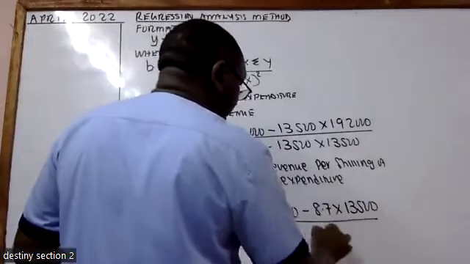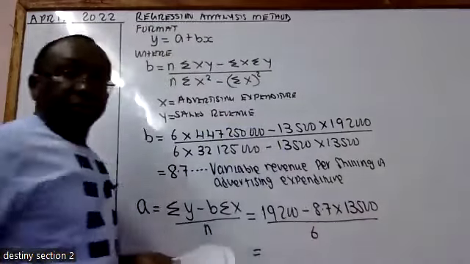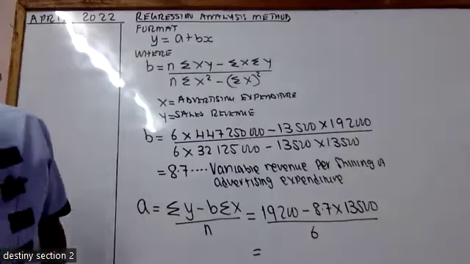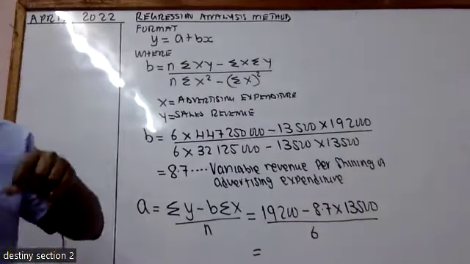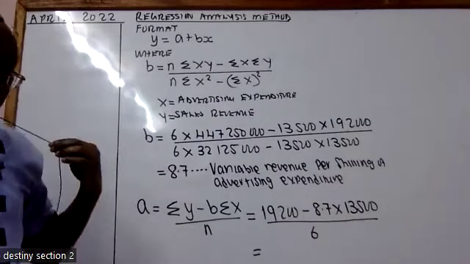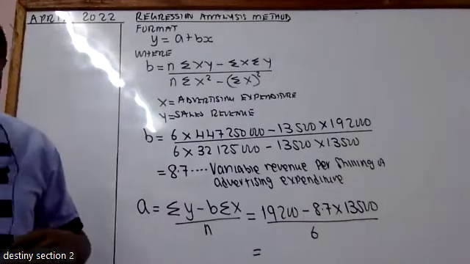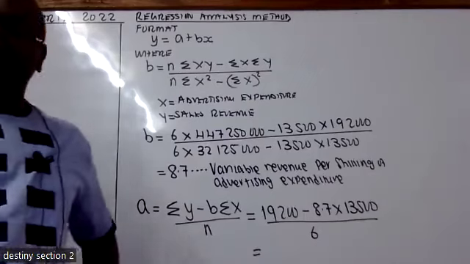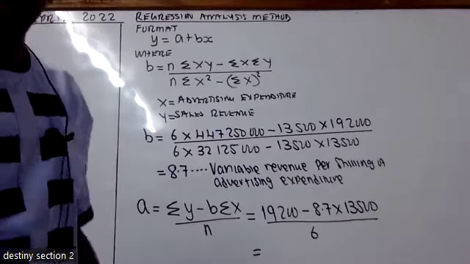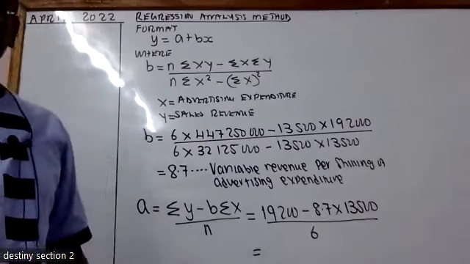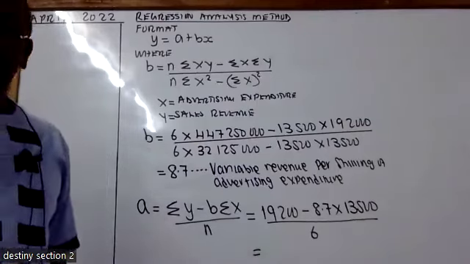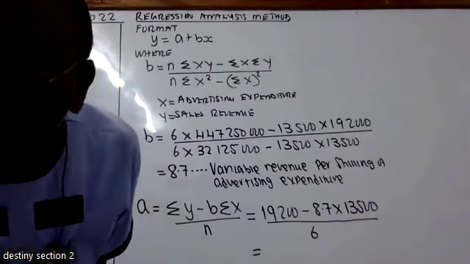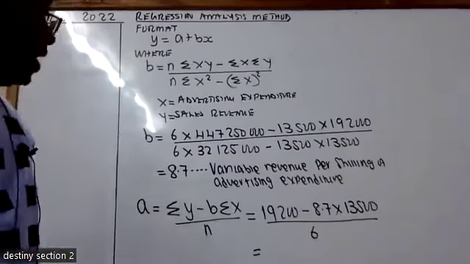You divide all this by 6. So work that and give me the answer. 12,425.